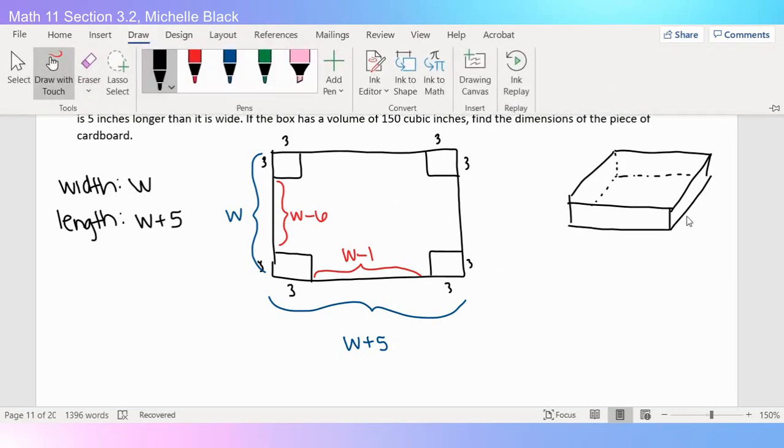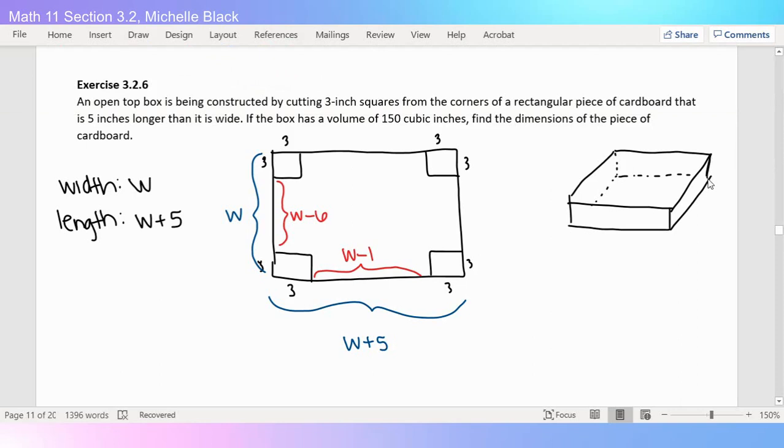Now, looking at our box that I drew over here, this front is our length. The side here is the same side we have here, or our width. And the height would be the same as this piece that I cut off, so that would be 3.